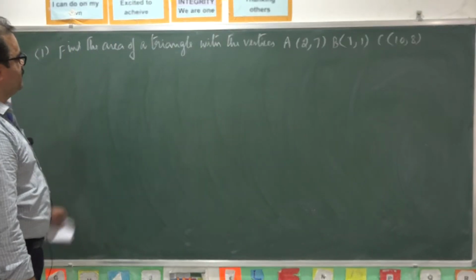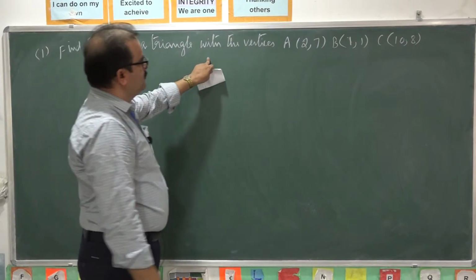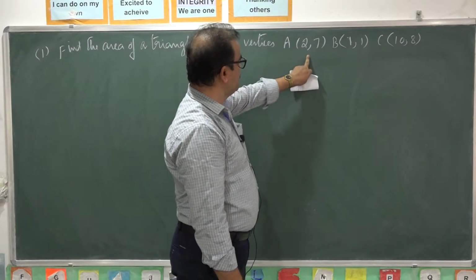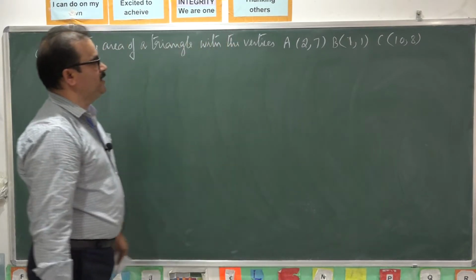Find the area of the triangle whose vertices are (2, 7), (1, 1) and (10, 8).